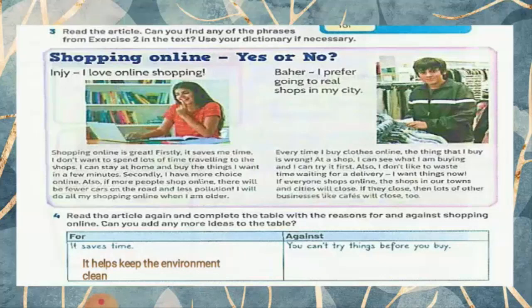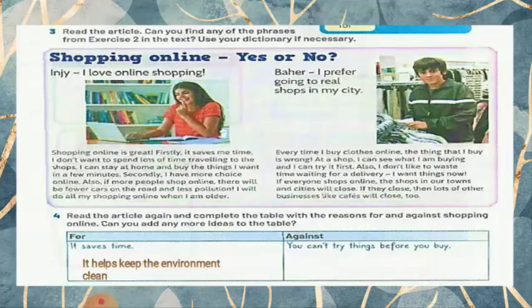What about Beher? Beher says, I prefer going to real shops in my city. Every time I buy clothes online, the thing that I buy is wrong. At a shop, I can see what I'm buying and I can try it first. Also, I don't like to waste time waiting for a delivery. I want things now.